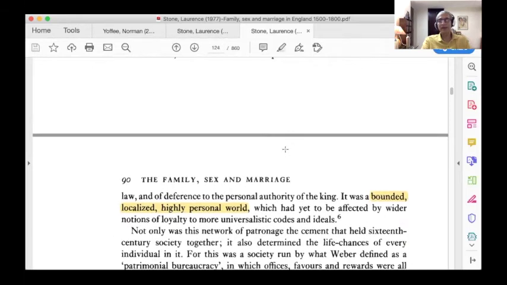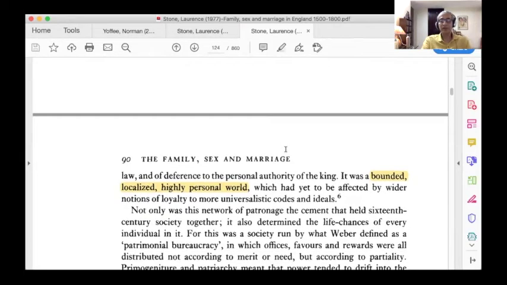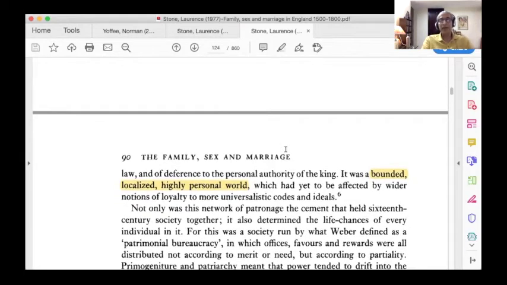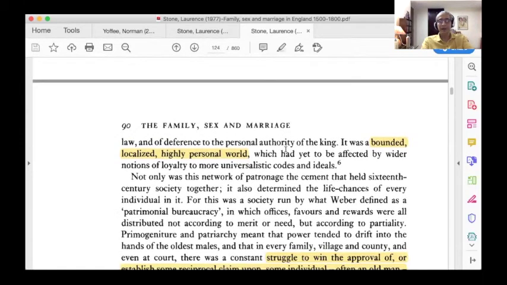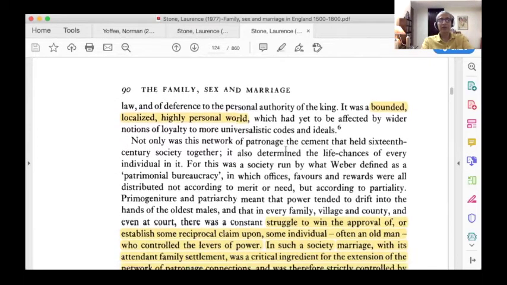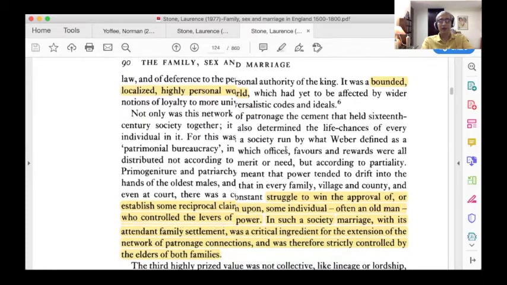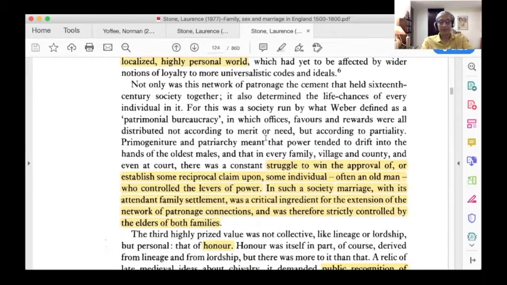So even greater than paying attention to your Christian religion or to the law of the land, the deference to the personal authority of the king, it was this local connection to the Lord. It was a bounded, localized, highly personal world which had yet to be affected by wider notions of loyalty to more universalist codes and ideals.